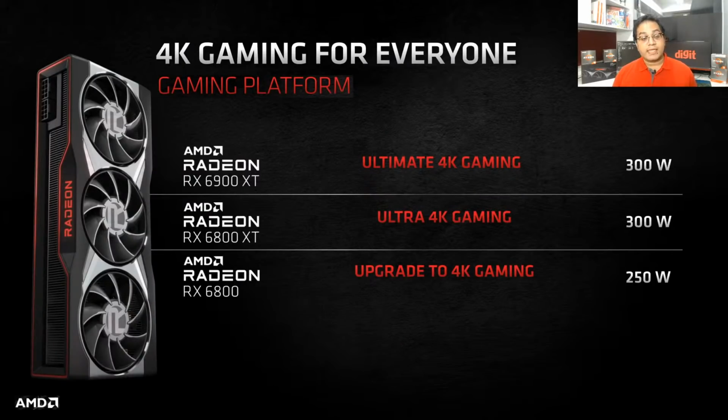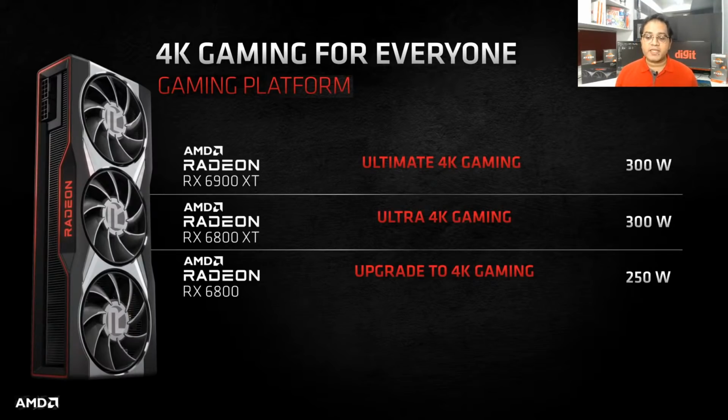And now we come to the three RX 6000 graphics cards that were released recently. These are all high-end cards, and they're designed for 4K gaming. The RX 6800 is what you'd get if you're currently on, let's say, a 1080p or 1440p gaming setup and wish to move up to 4K. Then comes the RX 6800 XT, which offers 4K gaming with more settings set on high or ultra.